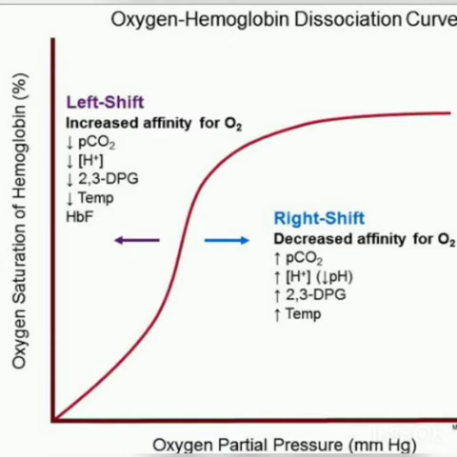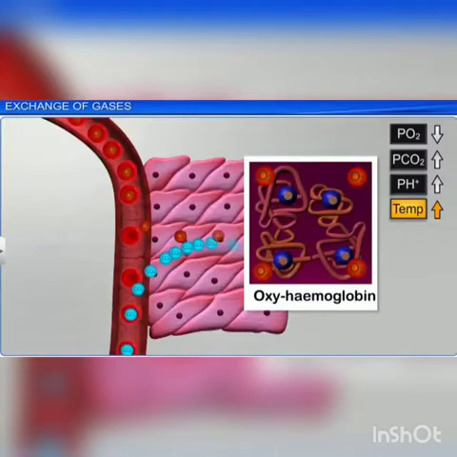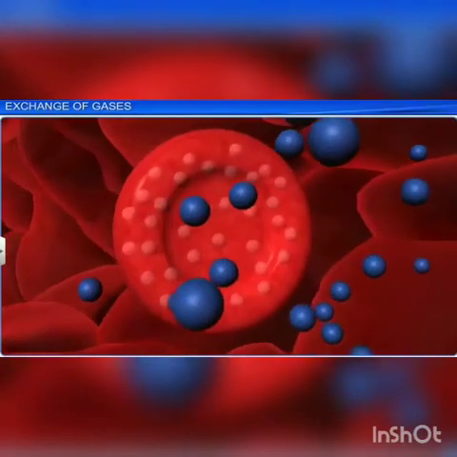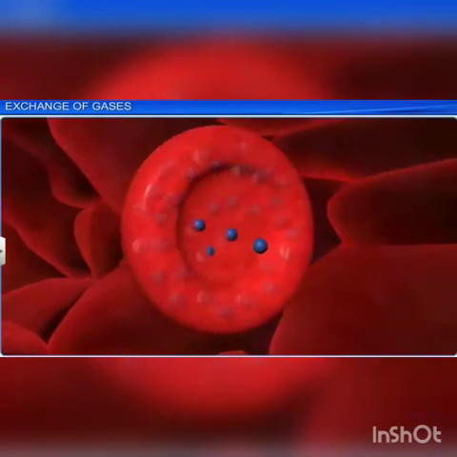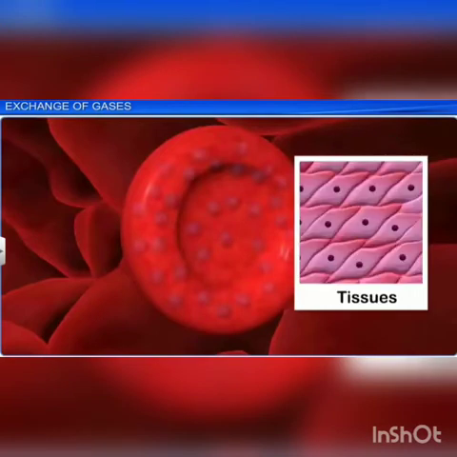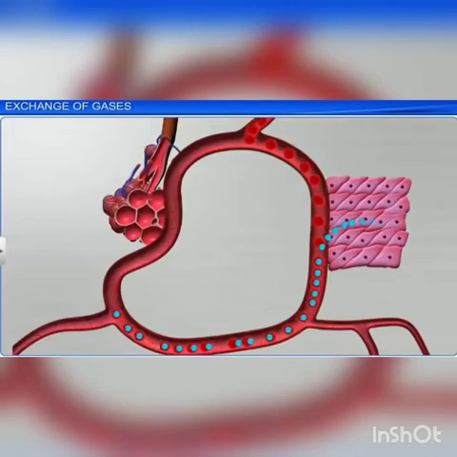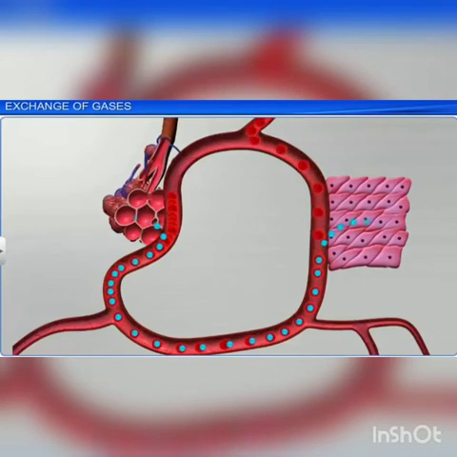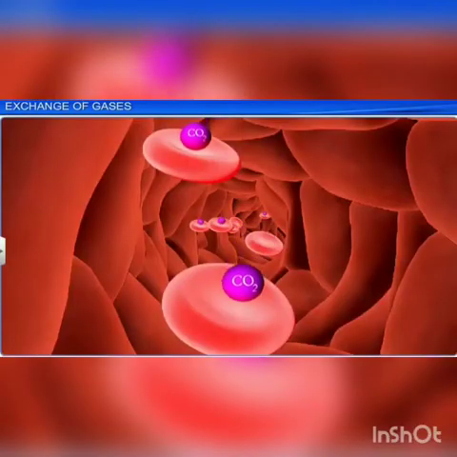Now let's see how carbon dioxide gets transported. Blood transports carbon dioxide from the tissue cells to the lungs in 3 ways. Number 1, dissolved in plasma, similar to oxygen. About 7 to 10% of carbon dioxide is transported in the dissolved form in the plasma. Second, bound to hemoglobin.